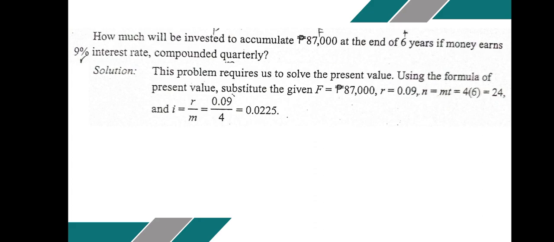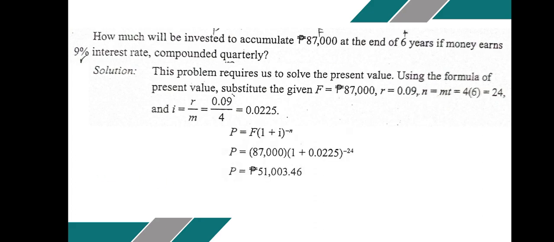Since we are looking for how much will be invested, or the principal, our given here are the compound amount, which is 87,000 pesos, the rate, which is 0.09, and our number of conversion periods, which is 4 times 6 is equal to 24, and our periodic rate is 0.09 over 4, that is equal to 0.0225.